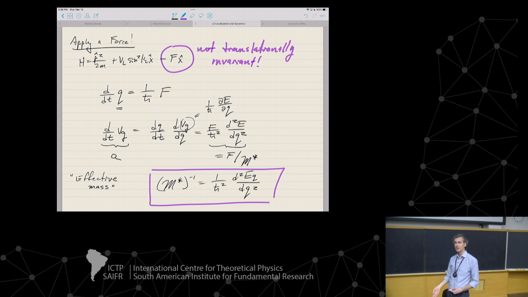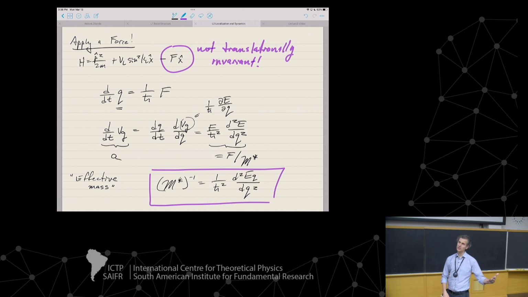I gauge it away by writing an additional phase on the wave function. And so when I write that additional phase, I now have a new wave function which has no electric field in its frame. And when I do that, I still have the periodic part and all that.